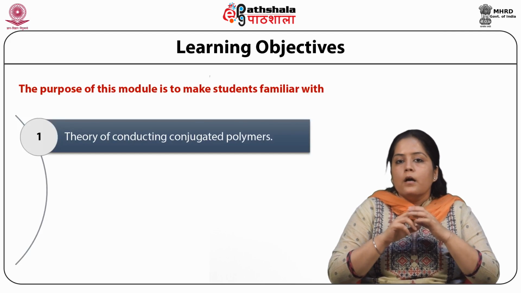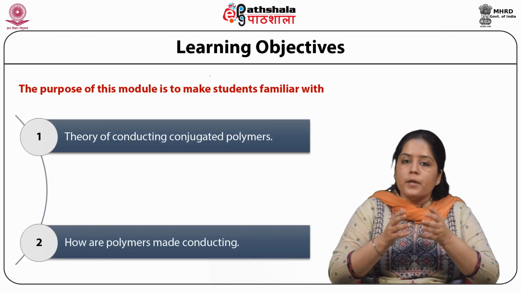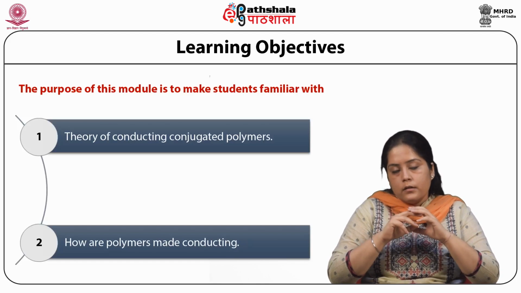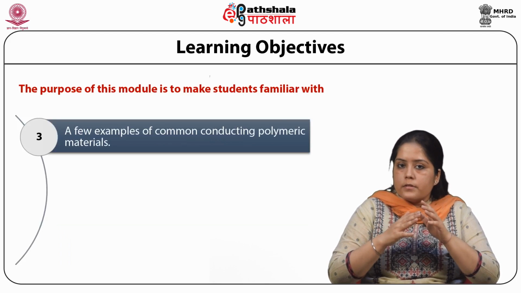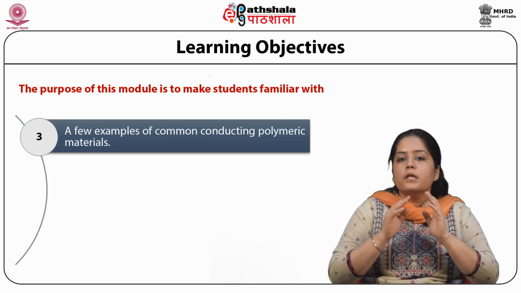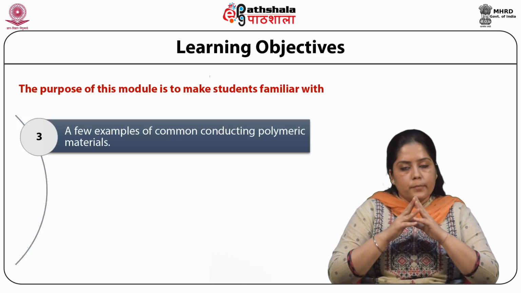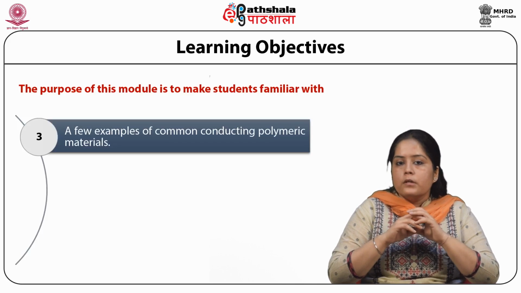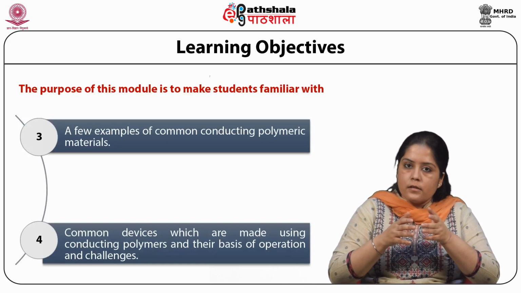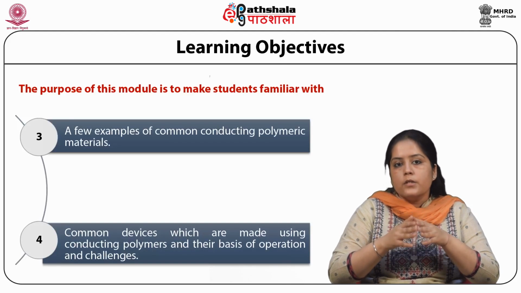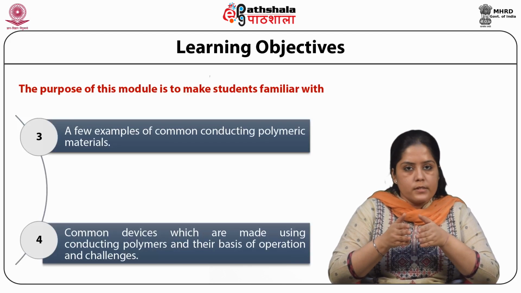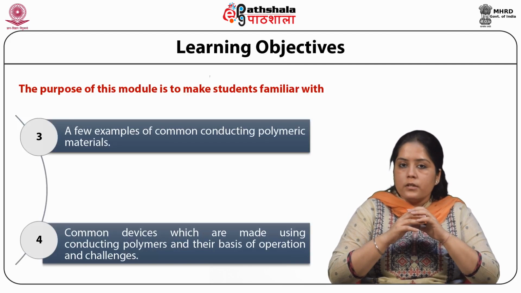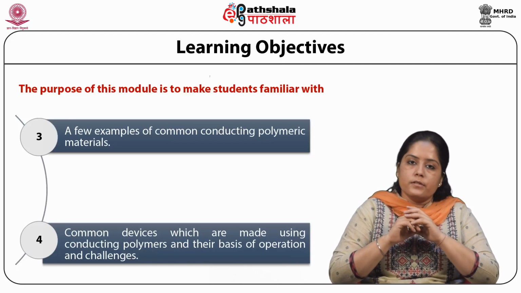Second, how are polymers made conducting? Third, a few examples of common conducting polymeric materials. Fourth, the common devices which are made using conducting polymers, their bases of operation and challenges.